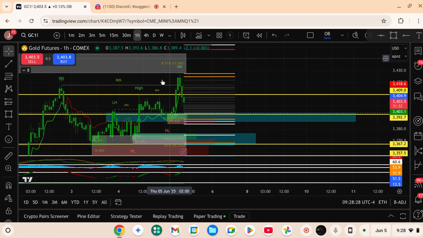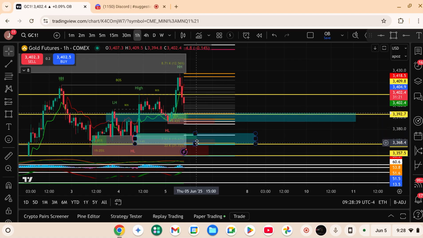So I have to use multiple zones. It has to take out this before it can move higher and then come down and then take out this. So eventually it's going to use both of these order blocks.